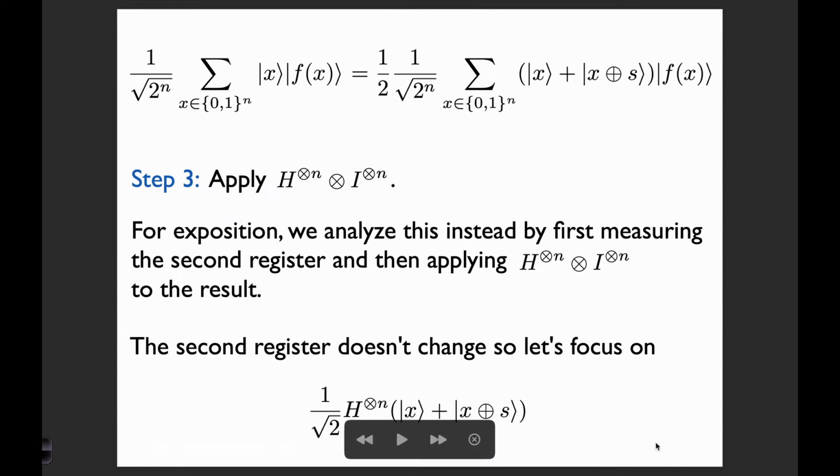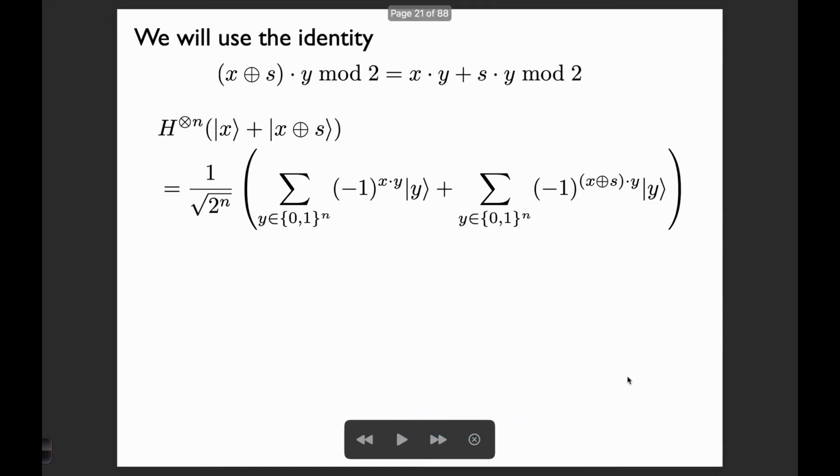That's what I've done here. So now you see the outcome after measuring is something like this. And now we're going to do step 3 and apply the Hadamard to the state. Let's see what happens when we apply the Hadamard to the state.